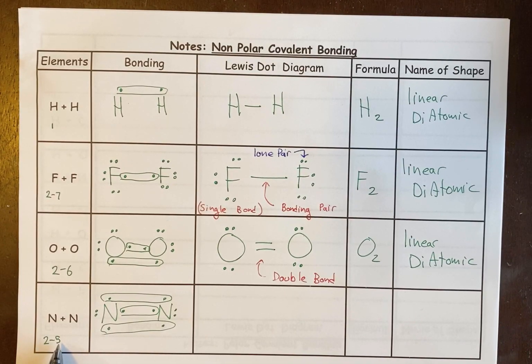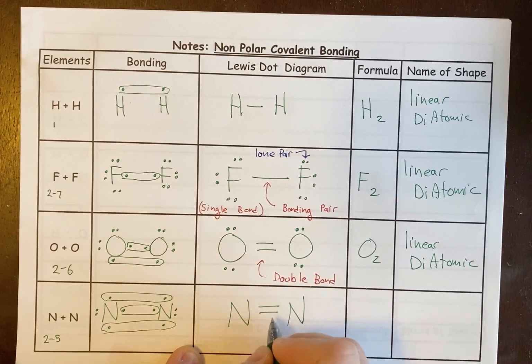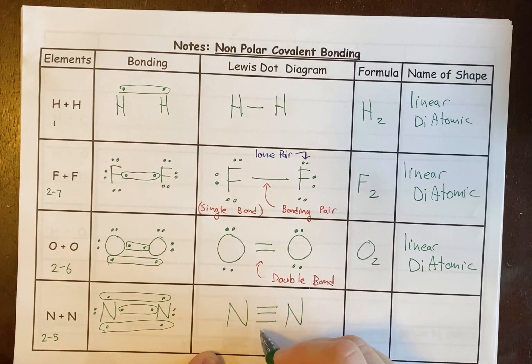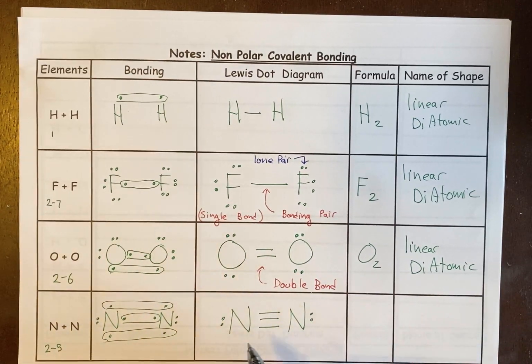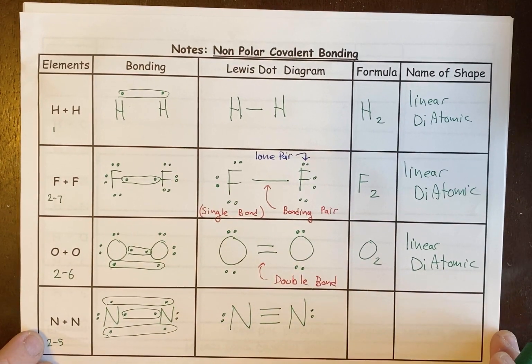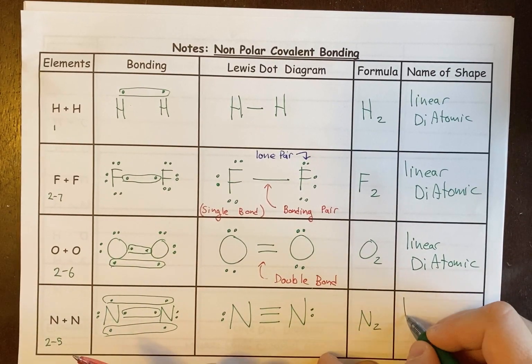They need to make 3 bonds to do that, so they're going to have to bond to themselves 3 times. When I clean it up and draw my Lewis dot diagram, it's going to look like this. 3 bonds, the 3 lines go right into the middle. The lone pairs, you could leave them exactly here, but in theory, you could have put them up, down, side. It doesn't really make a difference and it's not really going to matter. Formula N2.